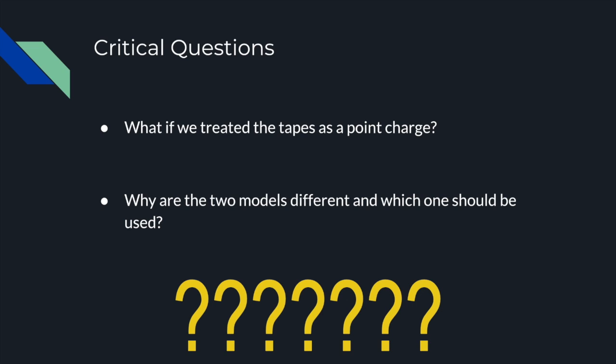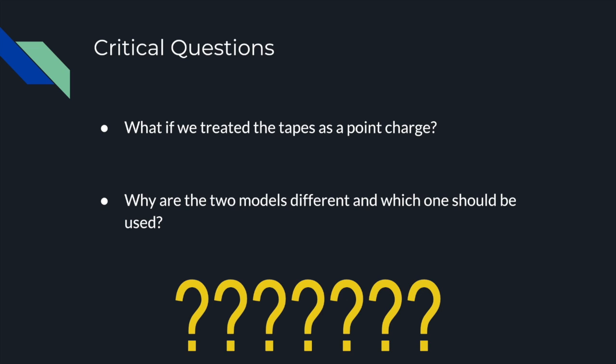So now to look at some of the critical questions that are important to ask ourselves at the end of the lab here. What if we treated the tapes as a point charge? And that's what we did in lab 1. And you'd find that it'd be really inaccurate, and that the line charge model would be more accurate to how nature behaves.